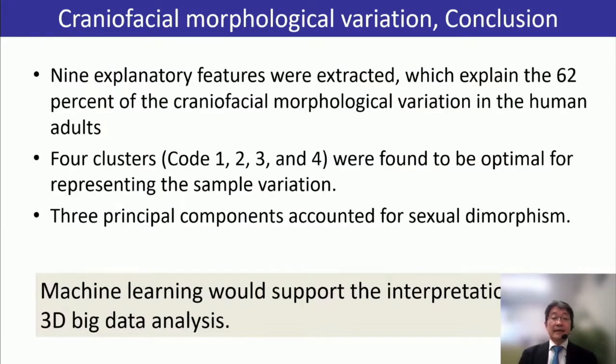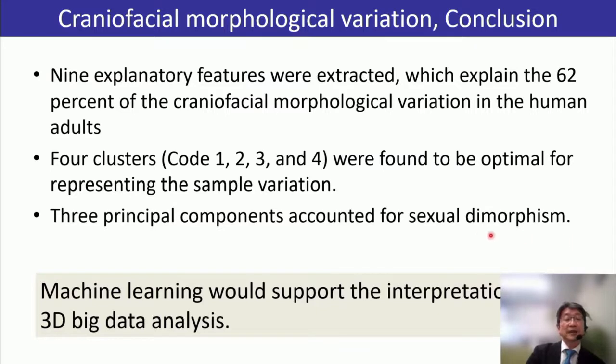And these are the conclusions. 9 explanatory features were extracted, which explain 60% of the craniofacial morphological variations in human adults. We found 4 types in Japanese adults, and we also found 3 principal components that account for the sexual dimorphism.